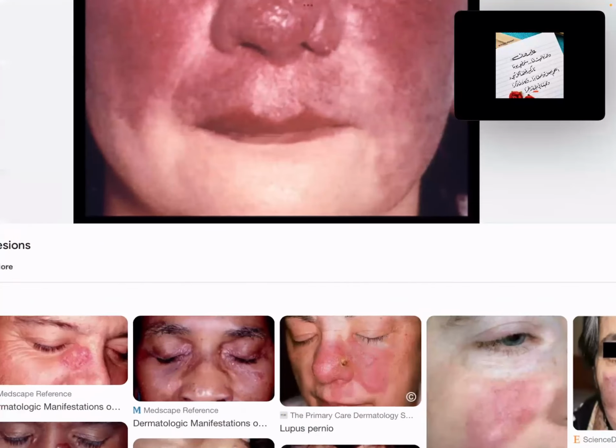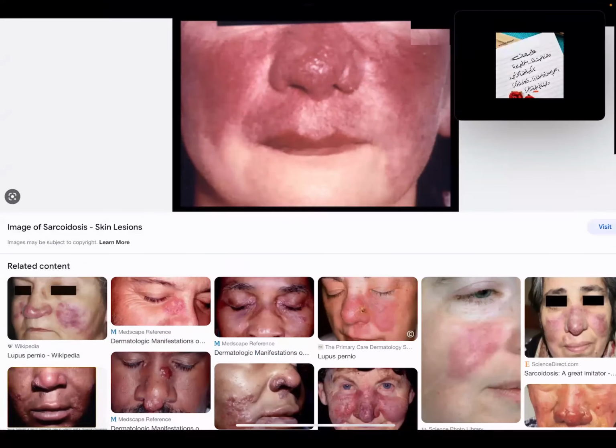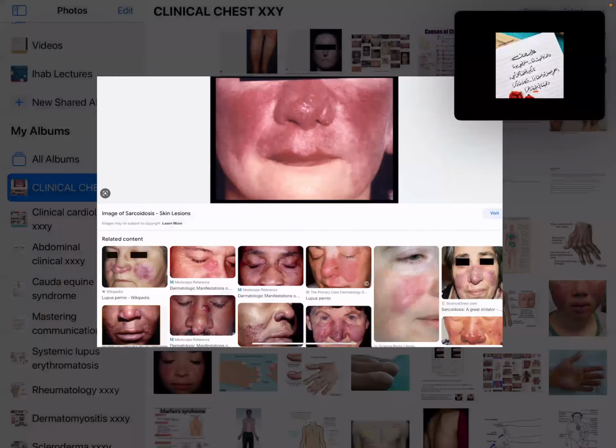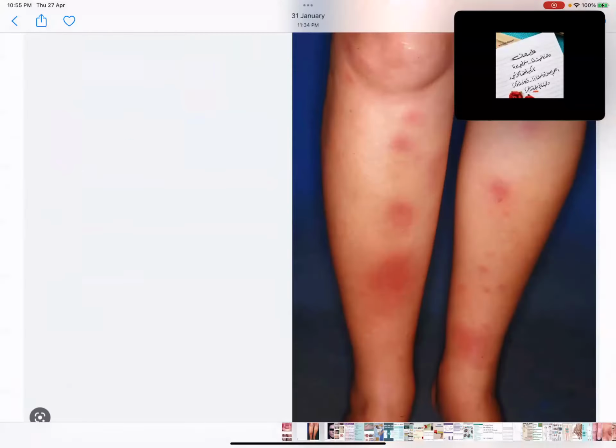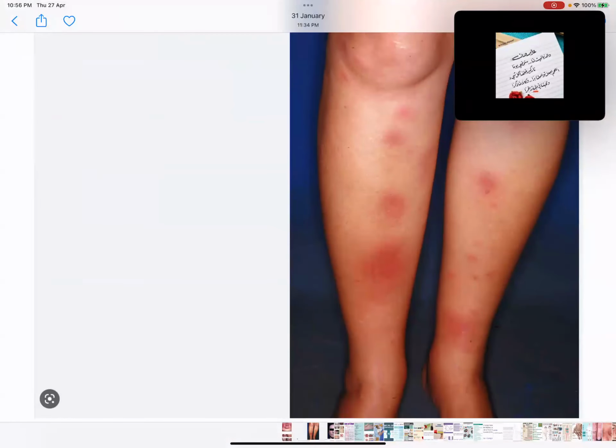Very similar sometimes to lupus erythematosus, the malar rash or the butterfly rash, but here the characteristic feature is that it involves the nasolabial fold. I hope this is clear. This is the erythema nodosum, characteristic for sarcoidosis.